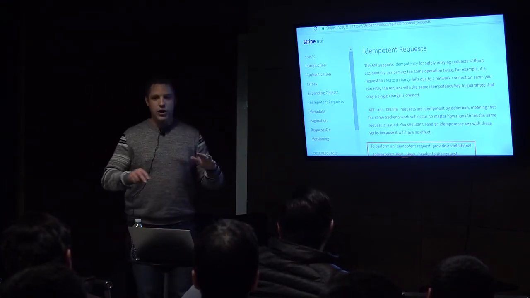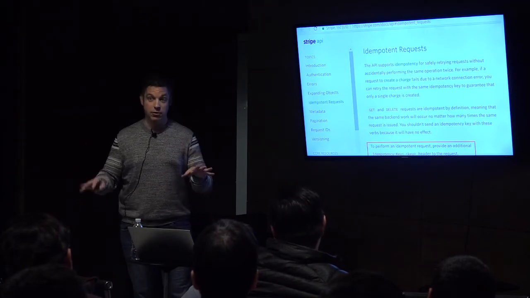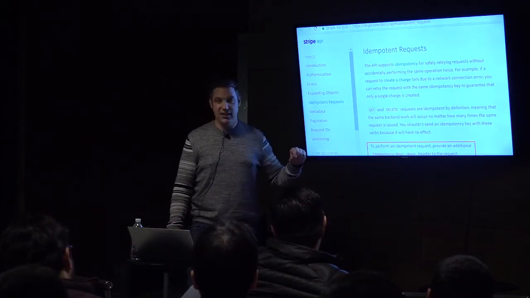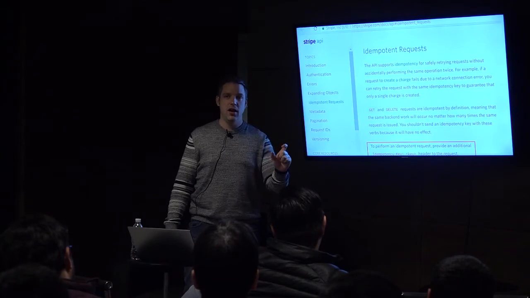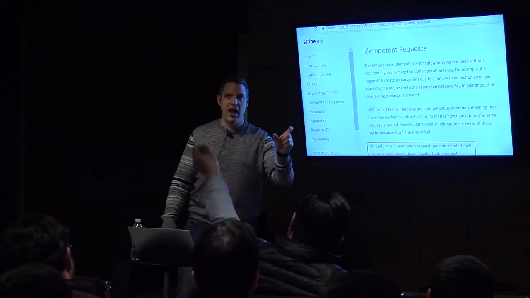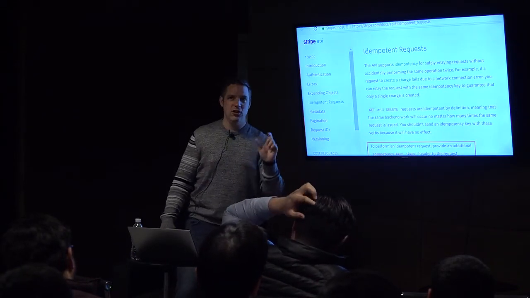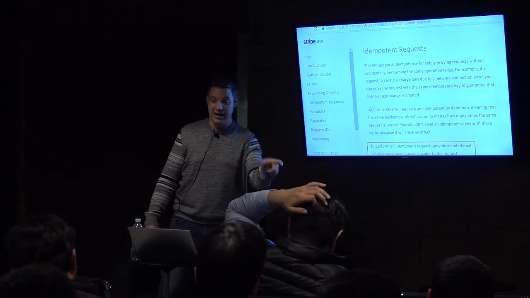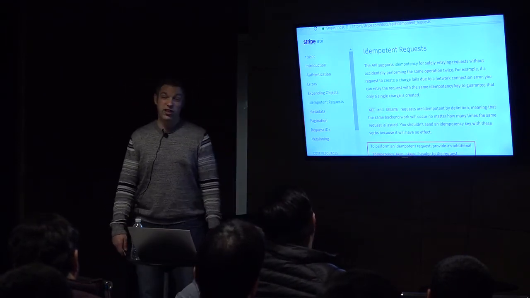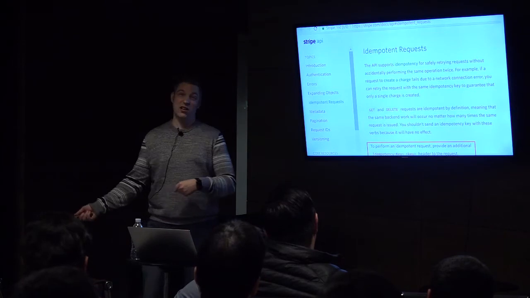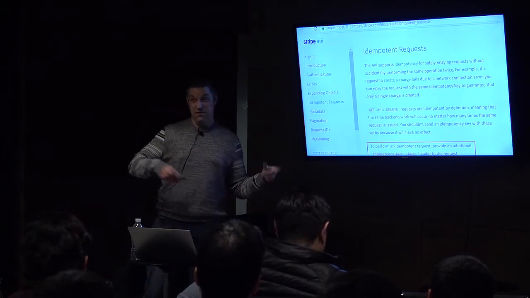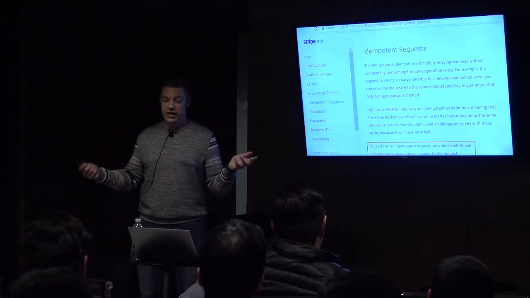So they just said, no, we're not going to guess if this is a double charge. You tell us by passing in some sort of unique identifier with that call so that every time you make that charge, you pass in that same ID. So this means it puts the burden on the client to invent some kind of unique key.